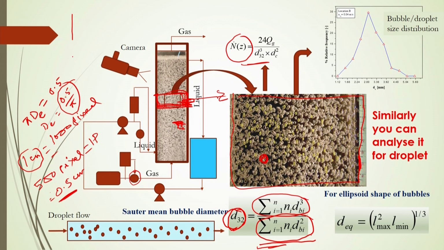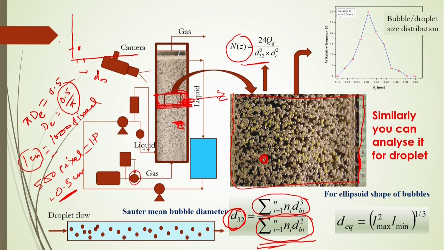Now, if we represent this number of bubbles graphically, let us draw a graph. On the x axis you represent the size of the bubbles as dB, and within a certain range of this dB you get this number of bubbles.